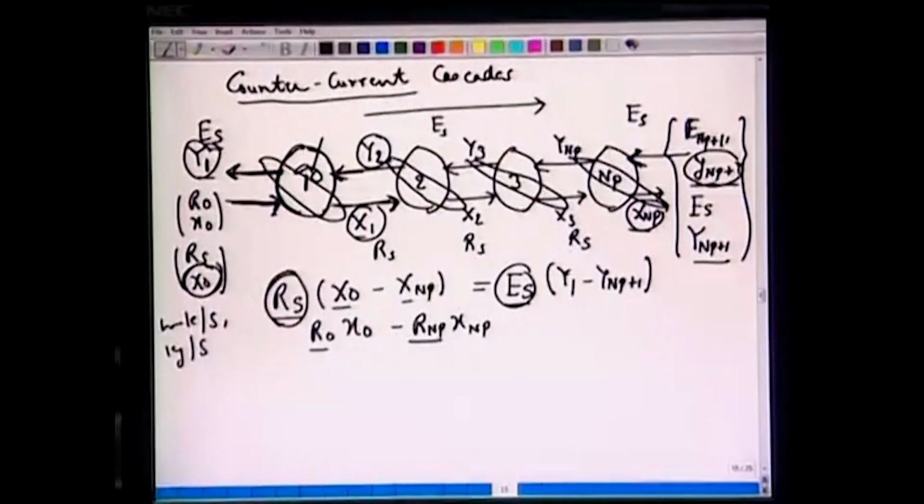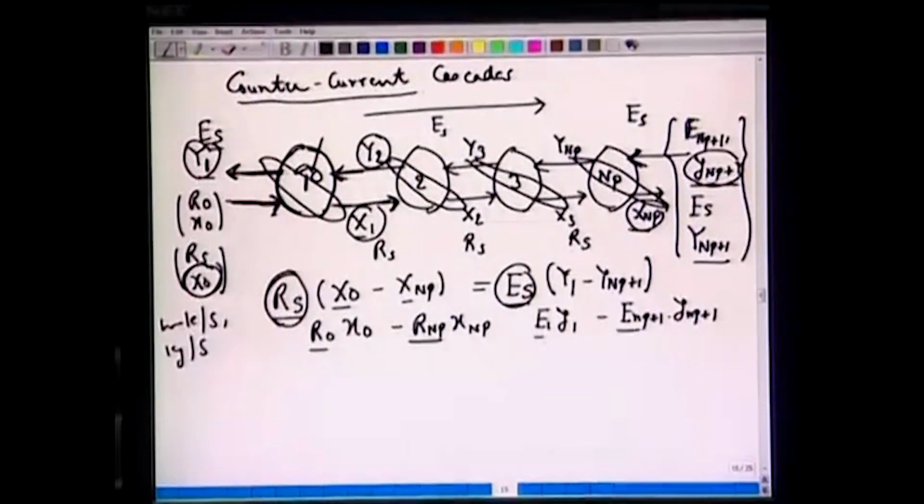Similarly, for this Es, we could have written E1 small y1 minus E NP plus 1 into small y NP plus 1.